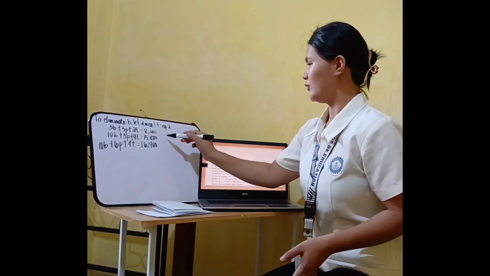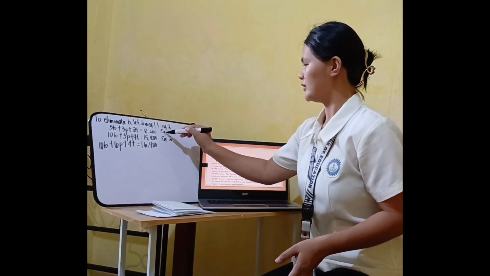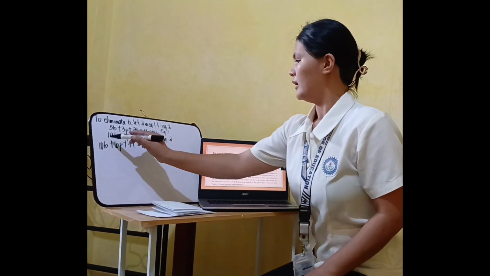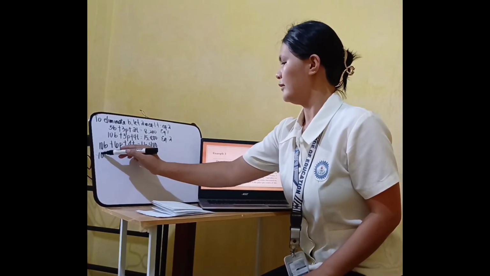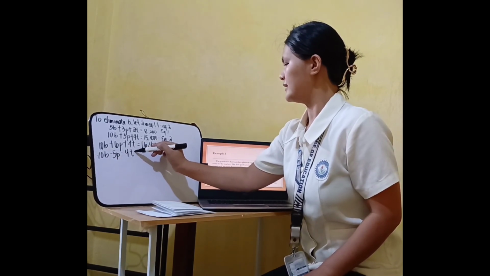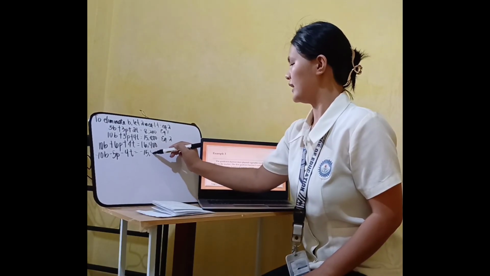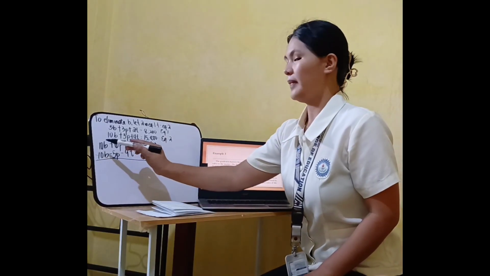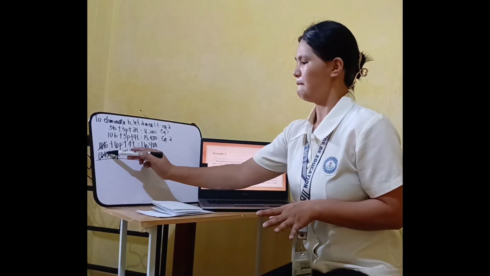In equation 2, which is this one, we are going to change the signs, so negative 10B minus 5P minus 4T is equal to negative 15,800.